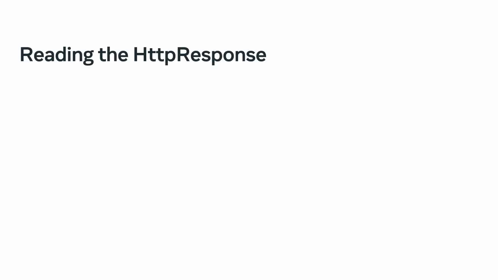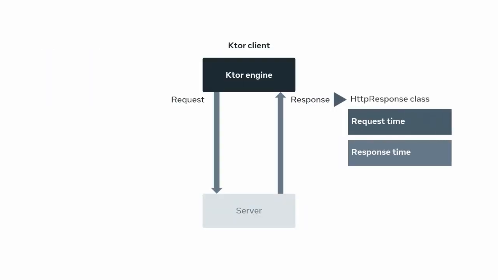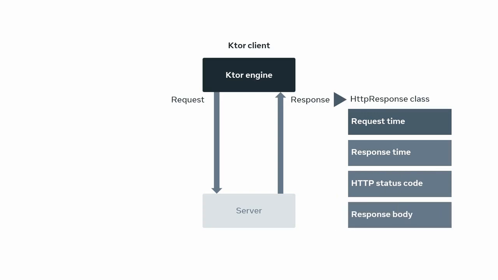Requests executed by the Ktor client result in a response encapsulated in a HTTP response instance. The HTTP response class stores all the server response detail. This includes the request time, the response HTTP status code, for example 200 in case of success, and the body of the response.